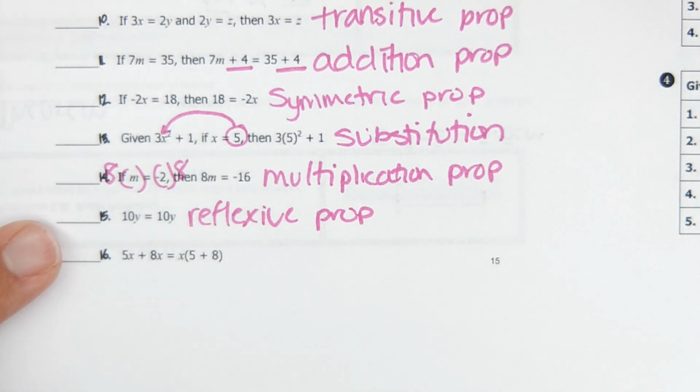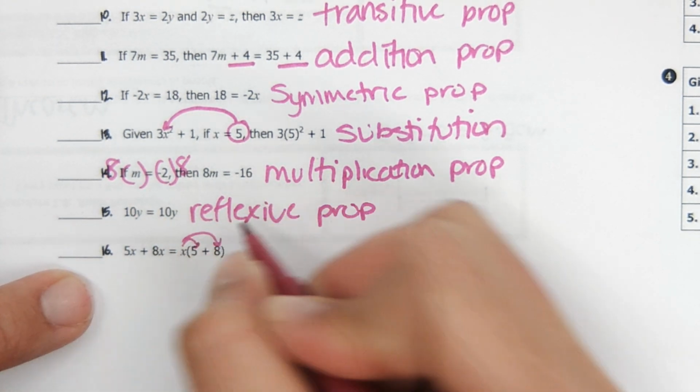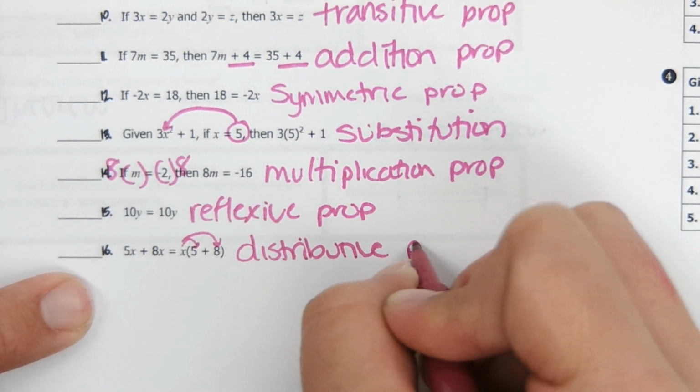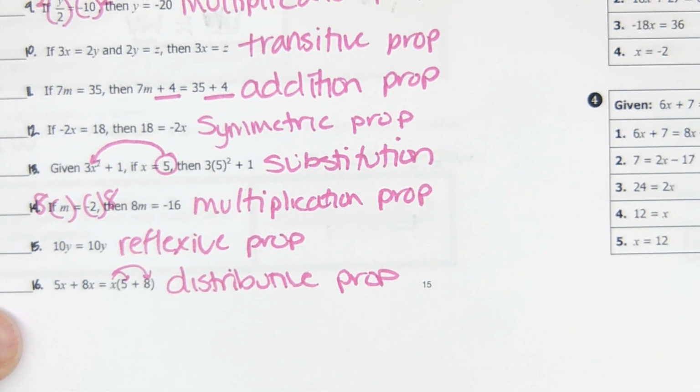And then 16, they factor out the x, also known as distributive property. Okay, and then we're going to move over to the next side. Well, don't flip the page, we're just moving over to the right side of the page.